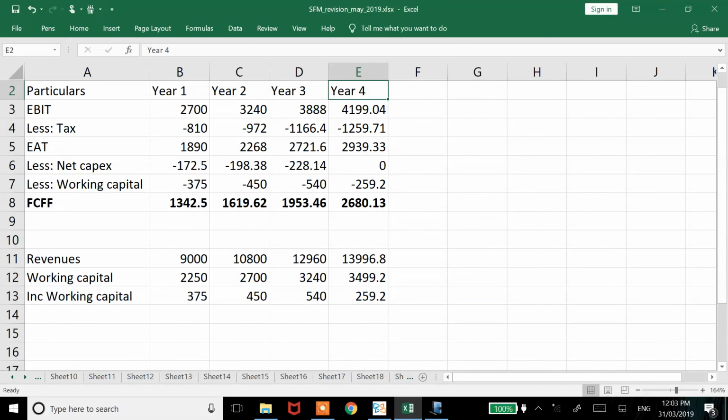I will have to calculate cash flows till the growth stabilizes. So if stability comes in the 4th year, calculate till the 4th year. If stability comes in the 7th year, you will have to end up calculating for the 7th year also.